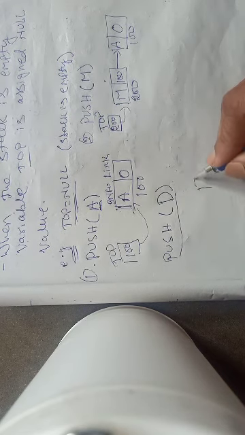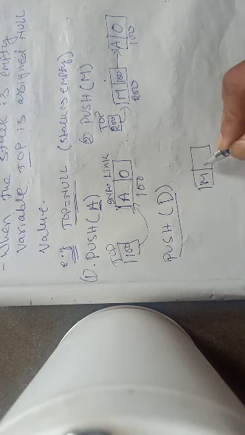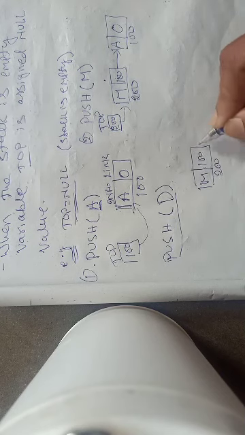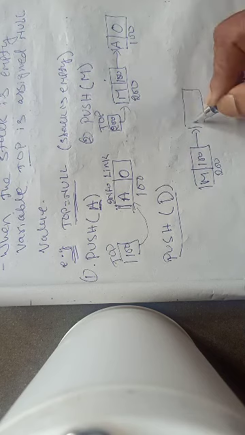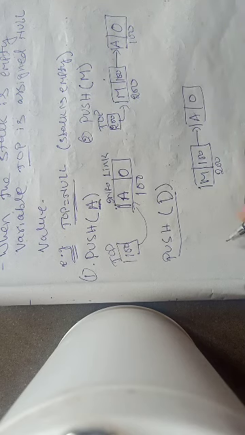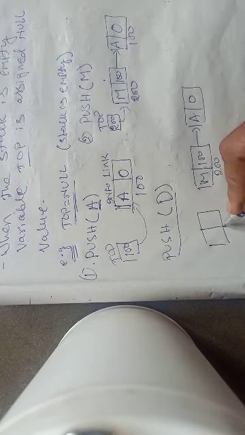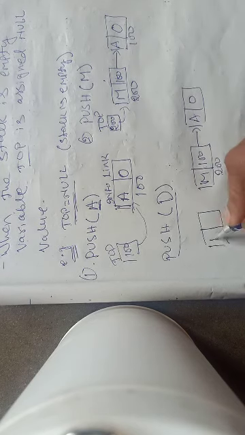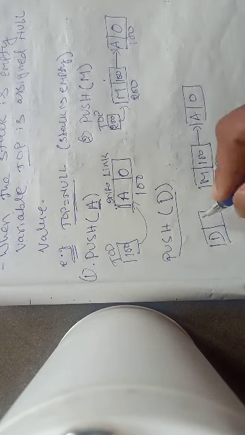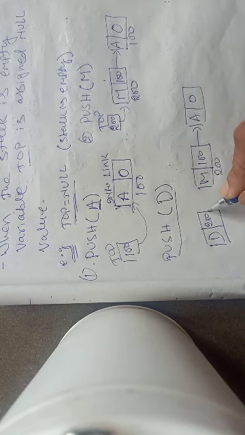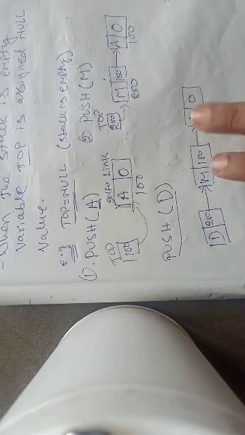Already in my stack there are two nodes. Since I need to push D, a new node will be created. This is my new node. Its info field will contain D, and its link field will point to 200. So we say the new node has pushed the existing two nodes after insertion.